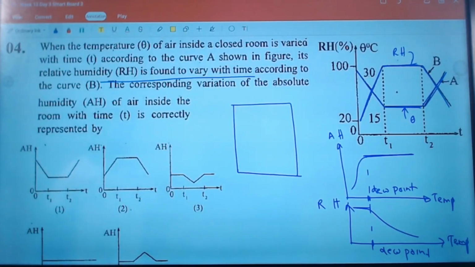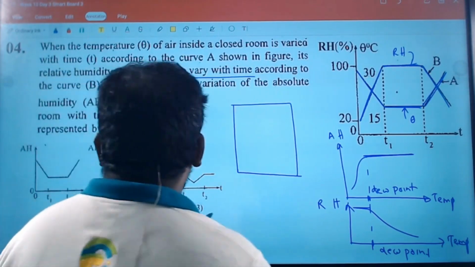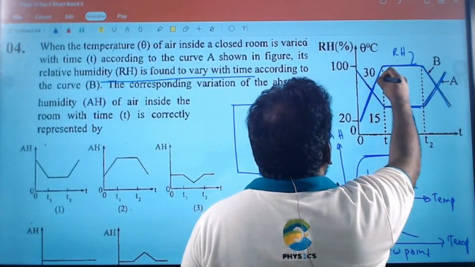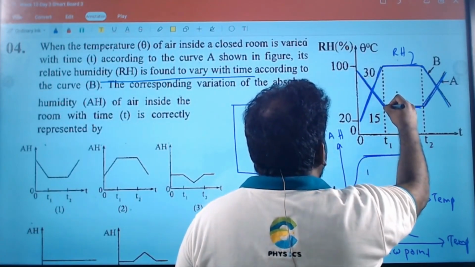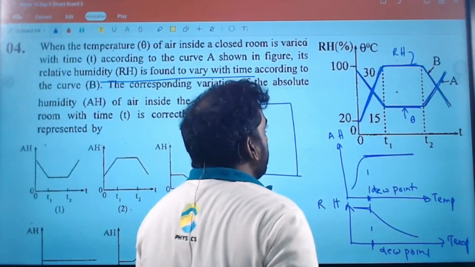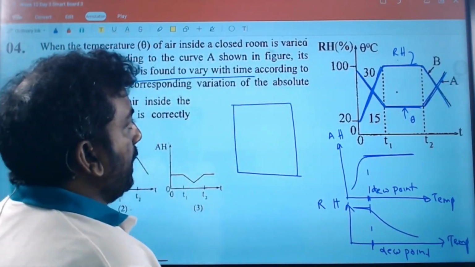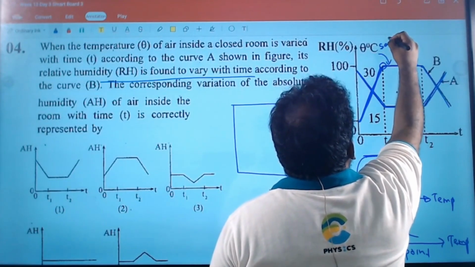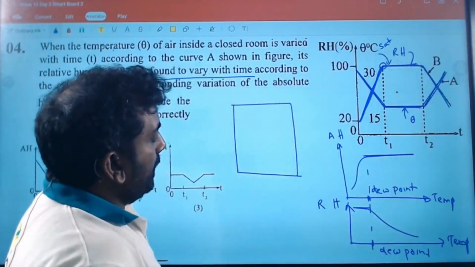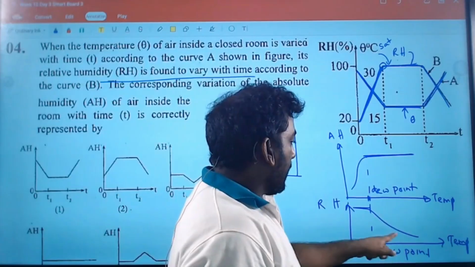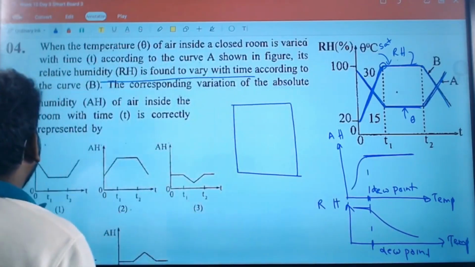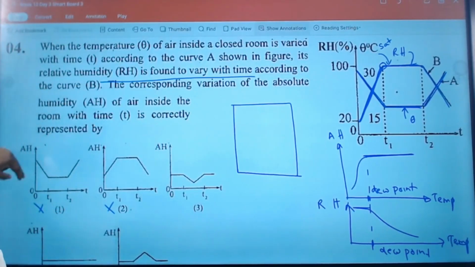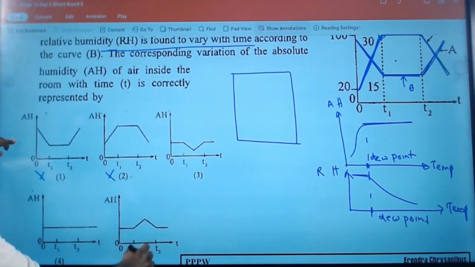Corresponding variation of the absolute humidity: all are straight line variations. RH is increasing, so temperature reducing. Here saturation, don't forget. So temperature reducing, RH increasing, then RH constant. It can't be this graph, maybe one of these three.